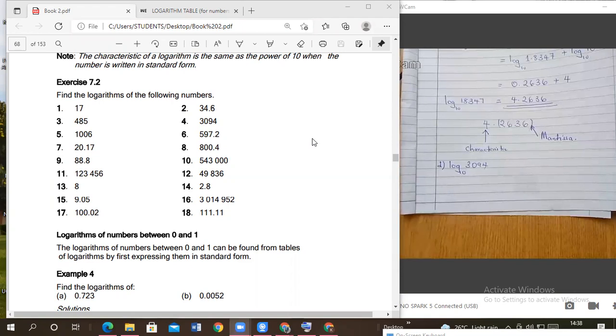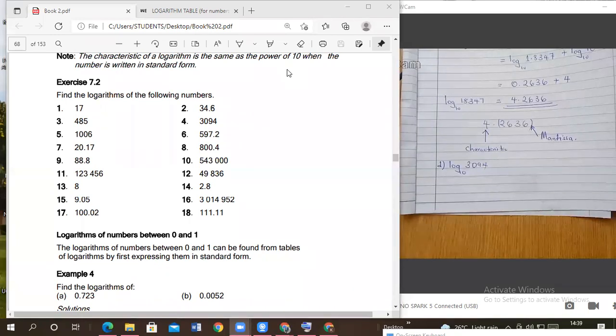Yes, teacher. What is the characteristic? Just tell me the characteristic from that. Three. Is 3. Then what is the mantissa? 0.4905.